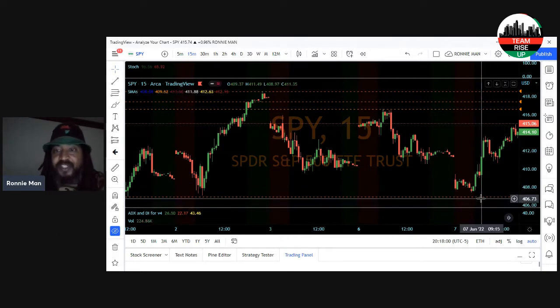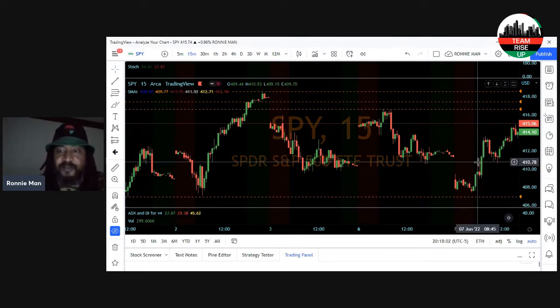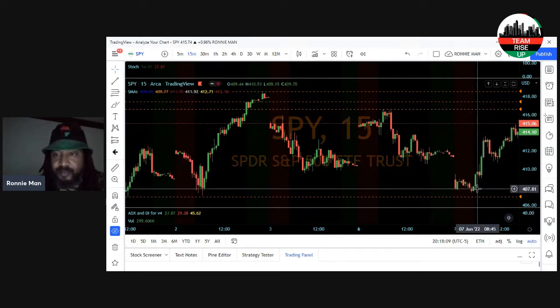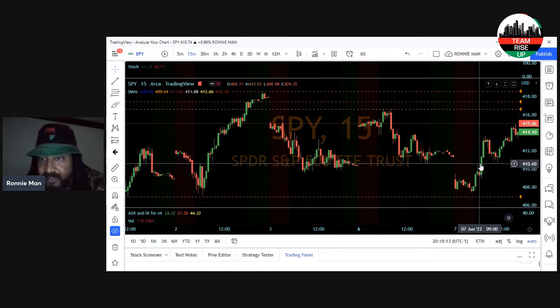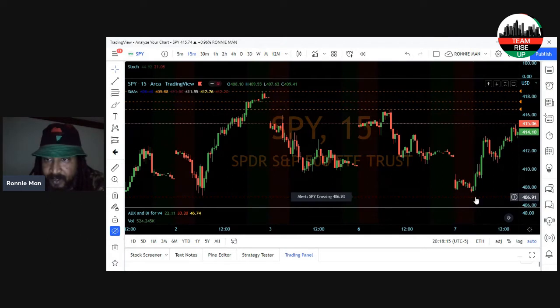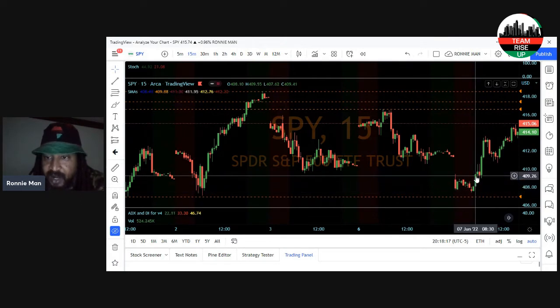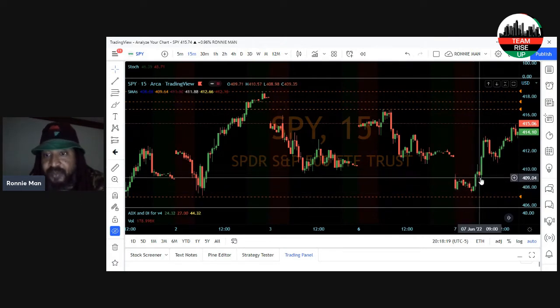Now, at this point, we have two higher highs. What these first three candles are, this is a higher high, and this is a higher high, and we got a higher low, but this one takes out this low.